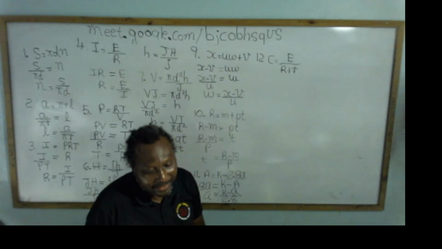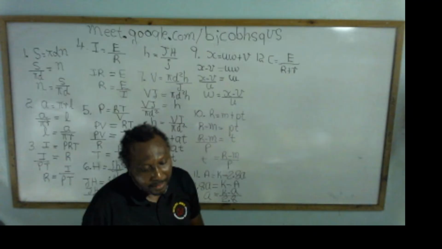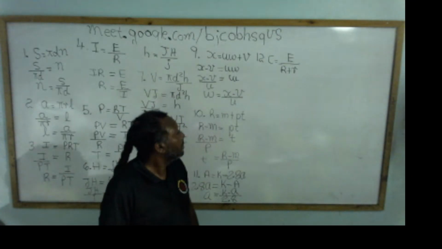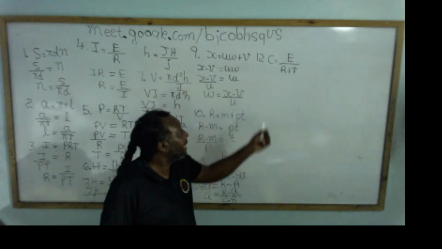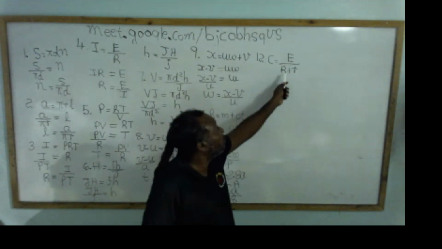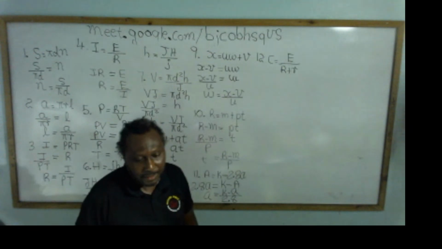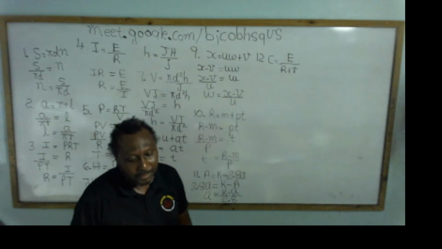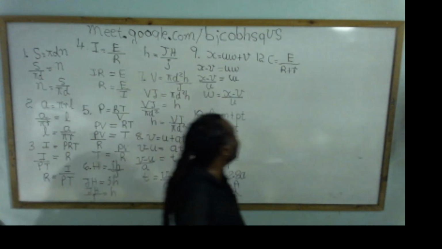No problem. Now, students, as you can see, if we are making E the subject of the formula, all we need to do is eliminate that denominator. And we are through. So let us go straight ahead and eliminate this denominator.